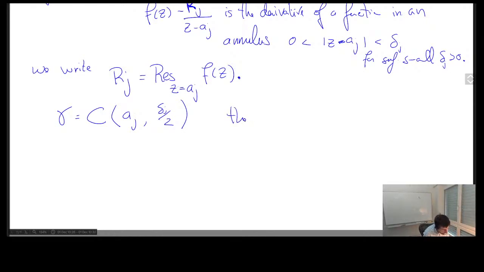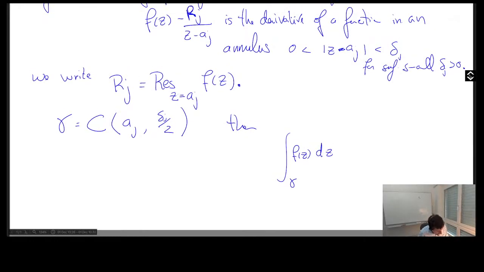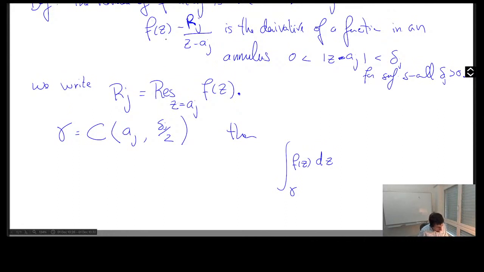Then the integral of f of z around this curve, dz, will be equal to, because the integral of the rest is of course 0, the integral of Rj times 1 over z minus Aj dz.